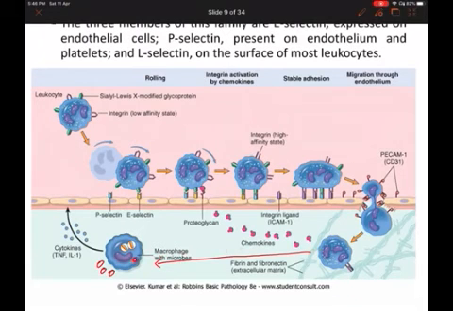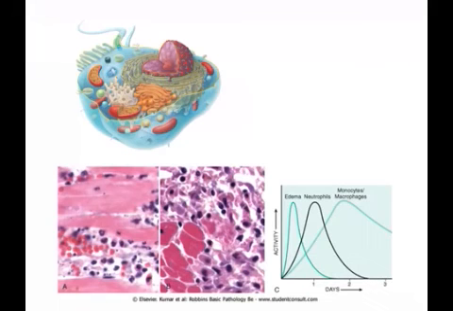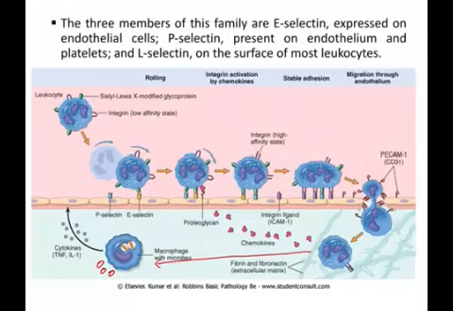Such kind of movement is only possible when the cell has certain pseudopods, right? So there are certain pseudopod kind of structures present on these lymphocytes and monocytes as well as neutrophils, right?